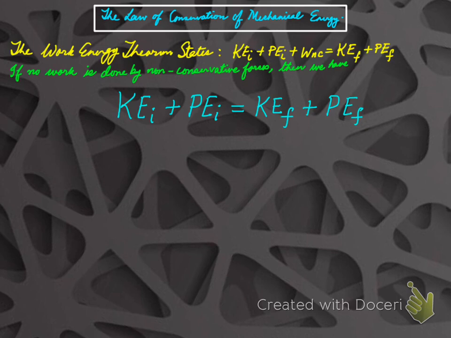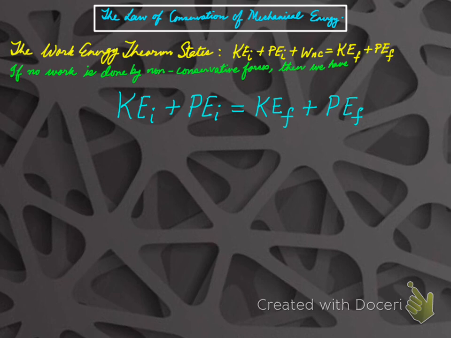We have the sum of the kinetic and potential energies, or the mechanical energy initial, is equal to the mechanical energy final. Mind you, this is not saying that the kinetic energy does not change or the potential energy does not change. All we're saying when we say this is that the sum of the kinetic and potential energies does not change.